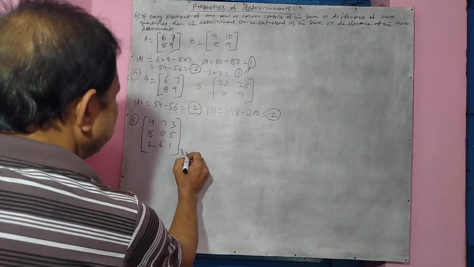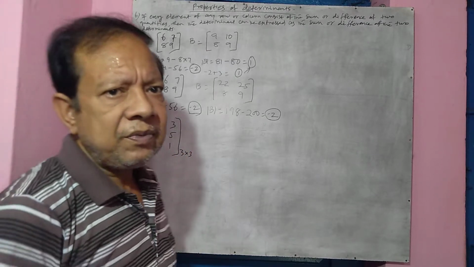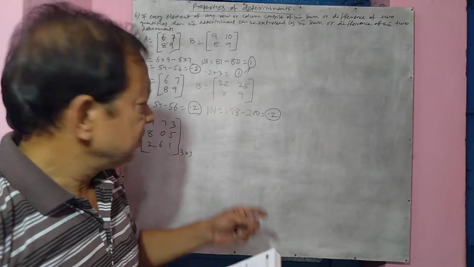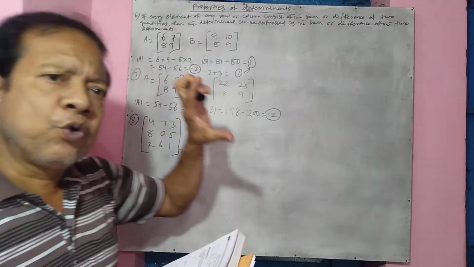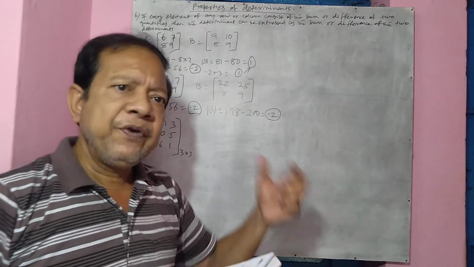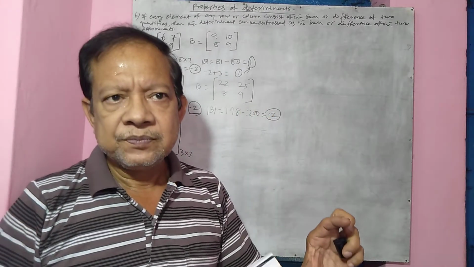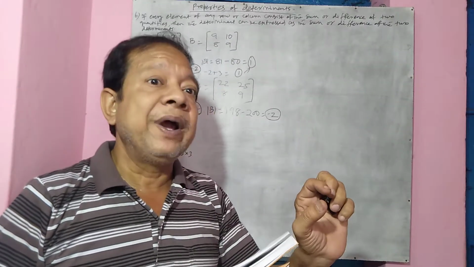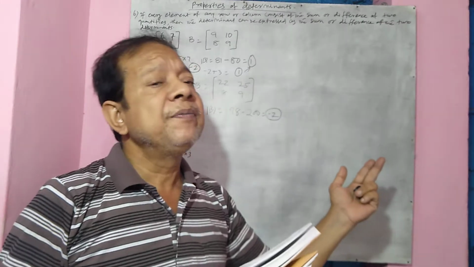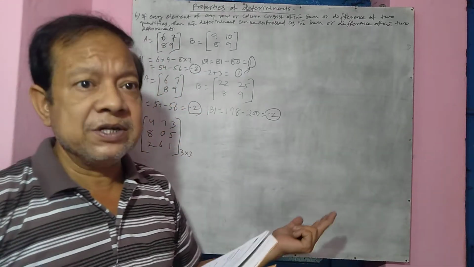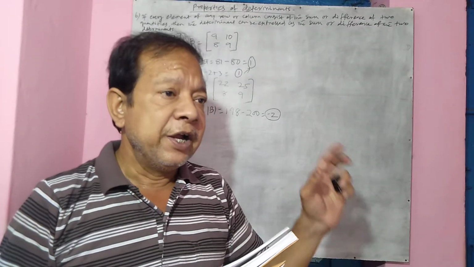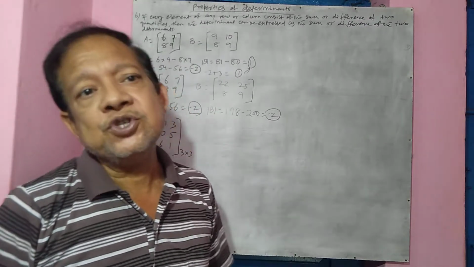Now this is the third order matrix. What it says, you simply find out the cofactors of any row or column. Now whatever cofactor you find, you multiply it with the corresponding elements of the rows or columns, and if you sum it up, it becomes 0.